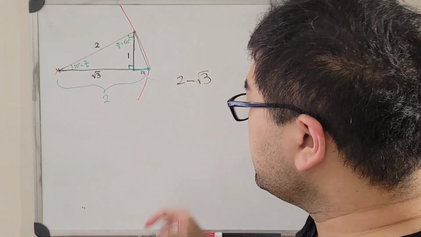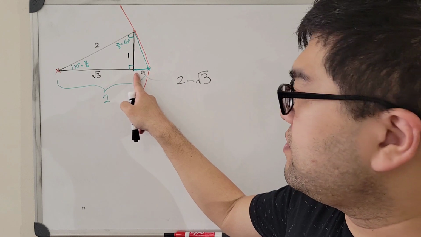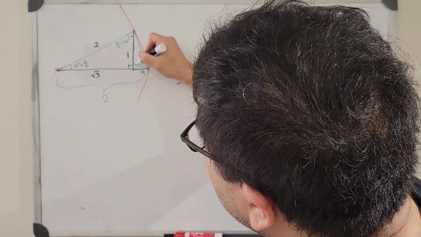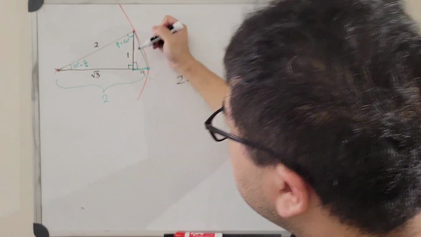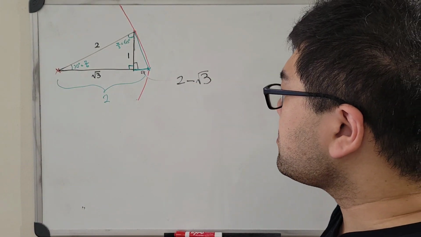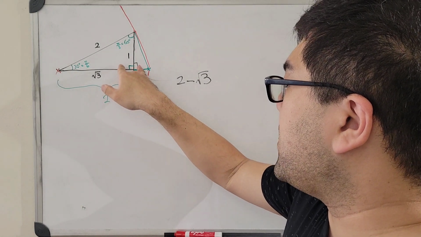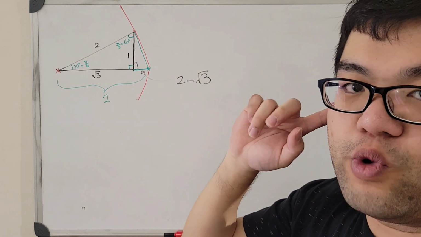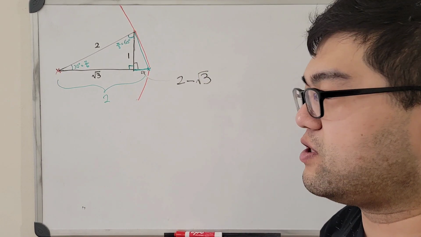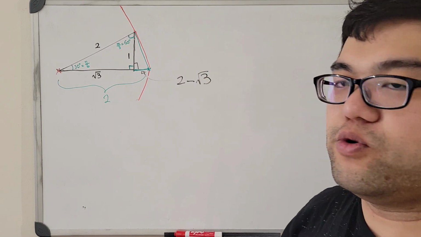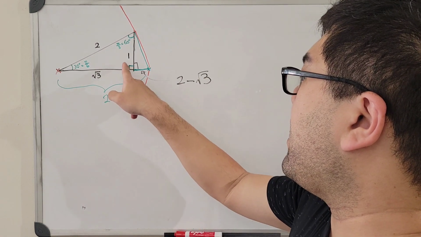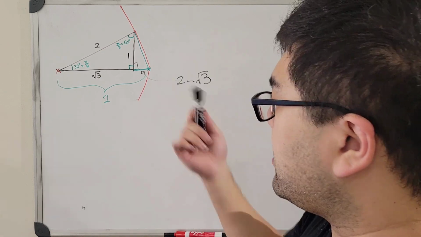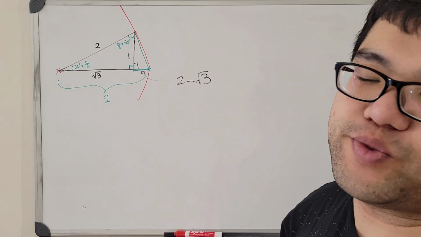Since the green part on the bottom is an extension of the bottom line, the angle down here is also a right angle, because these two are supplementary. If we add up these two, we end up with a straight angle, which is 180 degrees, or pi for people who love using radians. Since the left part is half of it, pi over 2, the other part has to be pi over 2 as well.